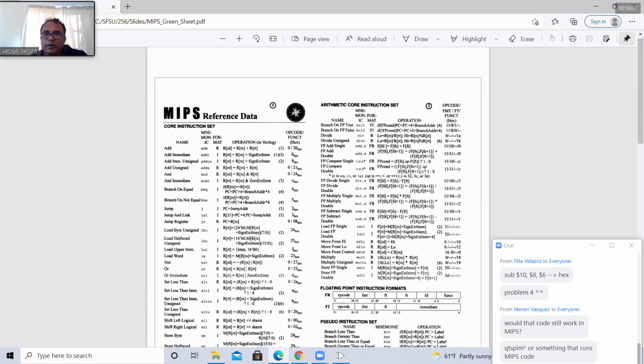The 1's complement is the inverse of whatever number is given to you. For example, if they give you 1100, the 1's complement will be 0011, just the inverse of that number. And then the 2's complement is adding 1 to this 1's complement. That will be 0100.